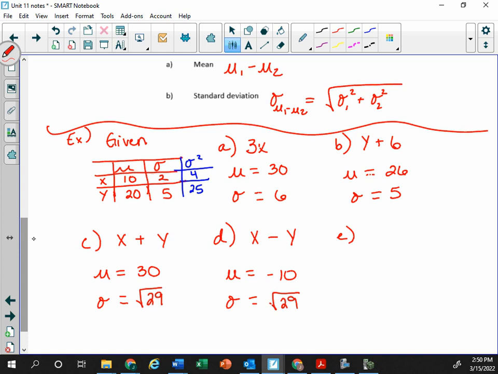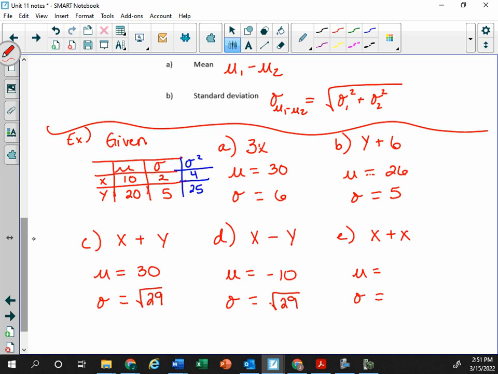All right, one more with this little set of info here. What if I do x plus x? New mu, new sigma. Think about it. This is it on this page, I promise. All right, what's the new mu, guys? 20, right?